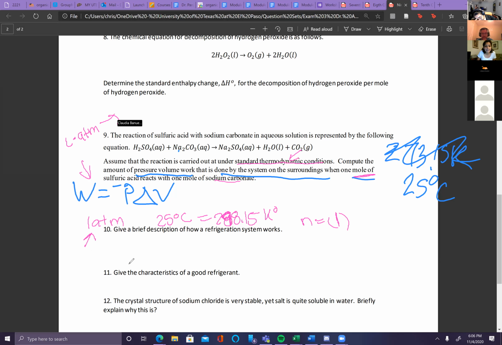But what are we missing in this equation? It gives you the pressure, it gives you Kelvin, which we don't technically need in that equation, and it gives you 1 mole. So what other equation do we need to find the missing element?